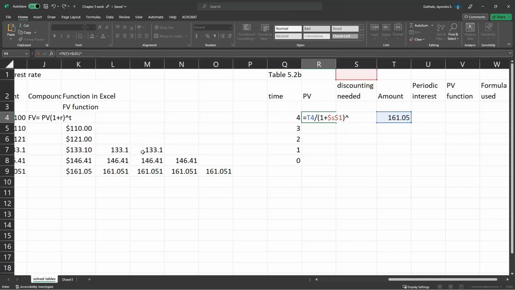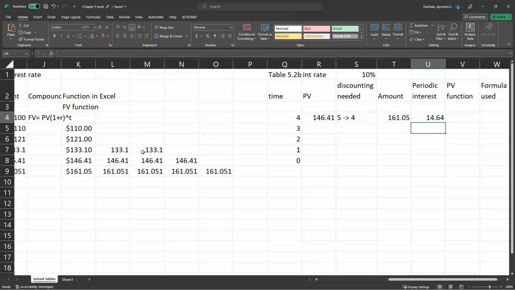Let's just do it for one period here. We could do it for multiple periods too, and we'll see that in just a minute. We haven't put the interest rate. So interest rate is 10%. There we go. So 146.41. The periodic interest is the difference of the amount and the principal.